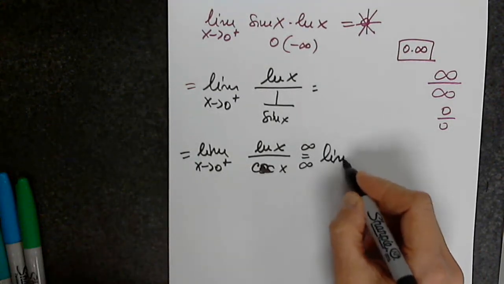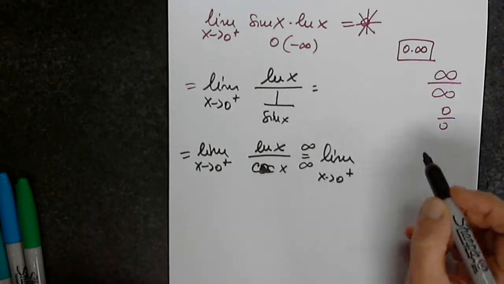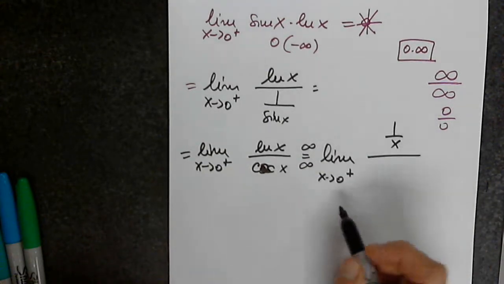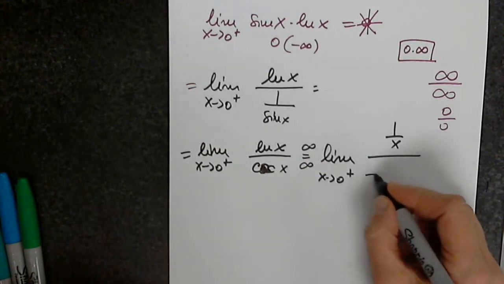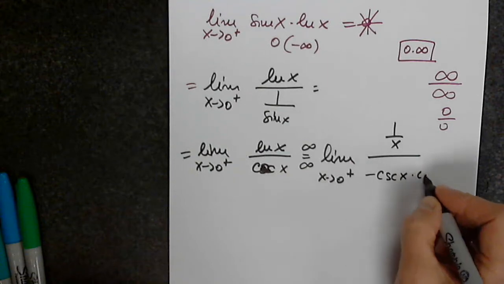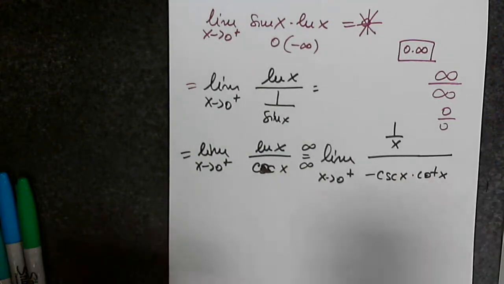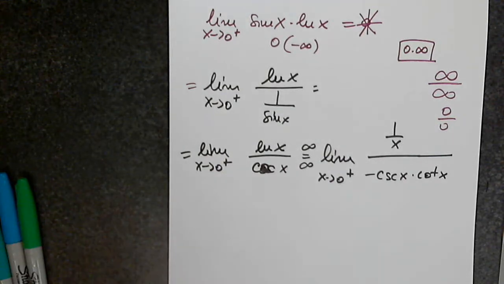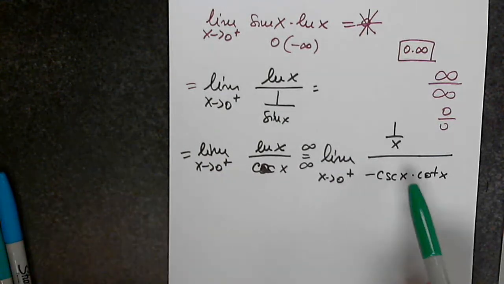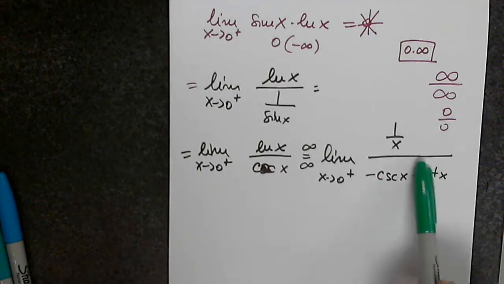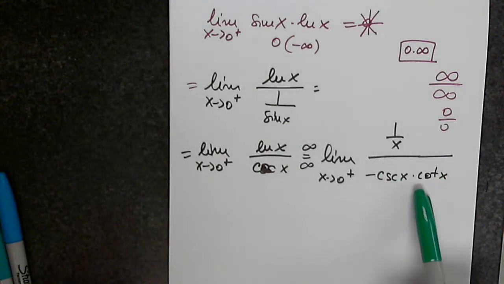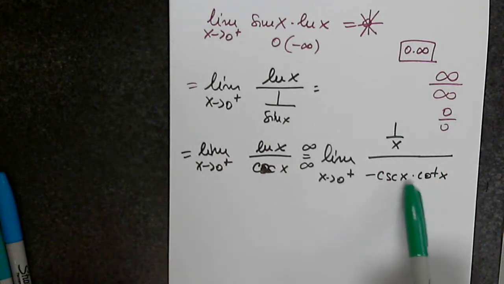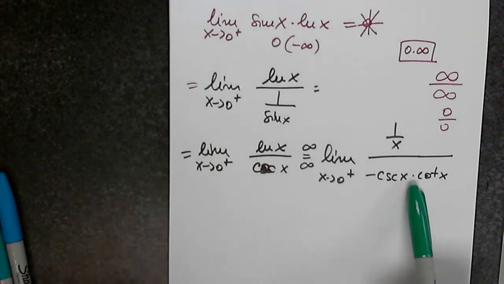So this is the limit as x approaches 0 from the right. This is 1 over x, and cosecant prime is negative cosecant cotangent. Now, honestly, I don't like this. So I'm going to take it aside and see if I can simplify it a little bit, because I don't want to deal with a product. Is it wrong?